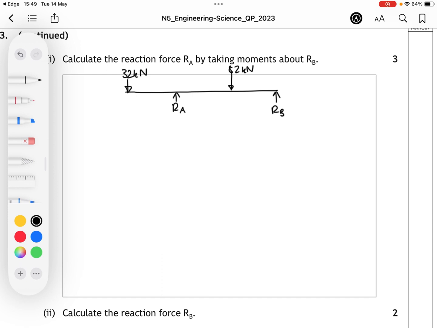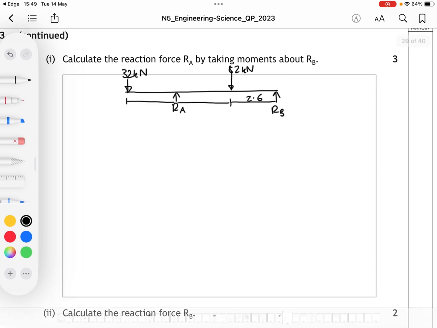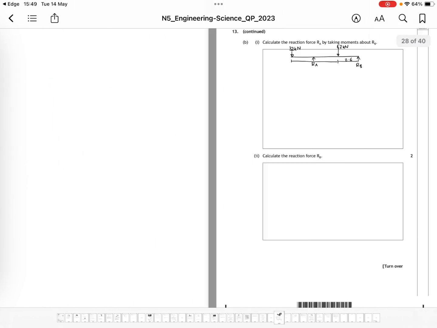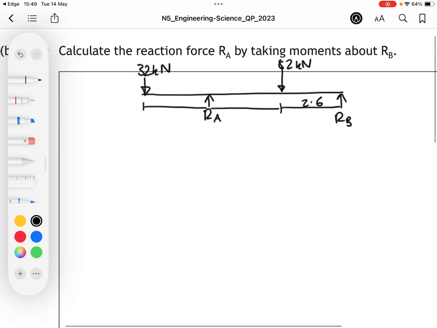My 82 kilonewton force is 2.6 meters from RB. I'll just need to skip back to check those other two measurements. 2.6, we've got 1.8 and 2.4. So 1.8 and 2.4. Okay, and we're being asked, in particular here, to take moments around RB.